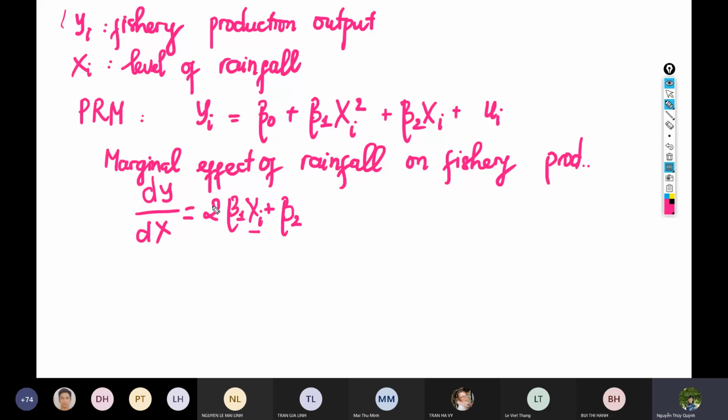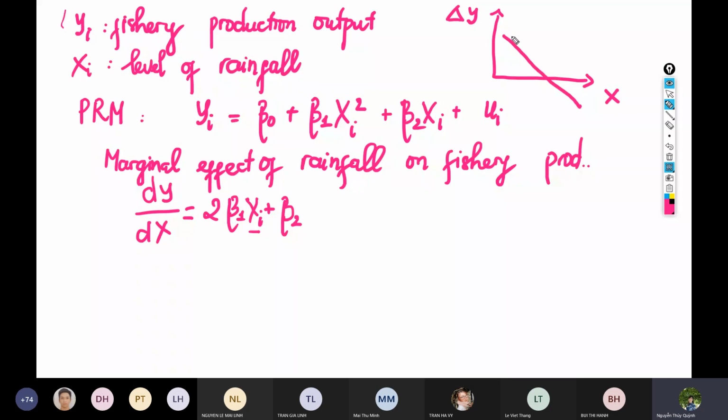Remember that the marginal effect of rainfall here is a line. If you demonstrate it in the coordinate system, in the horizontal axis is x, and the vertical axis is the change in y. The marginal effect will look like this.